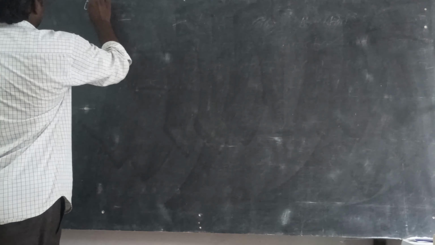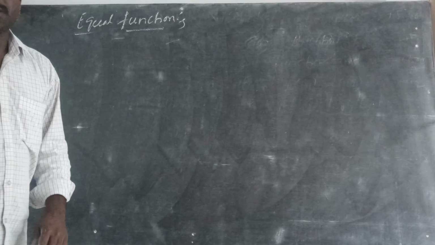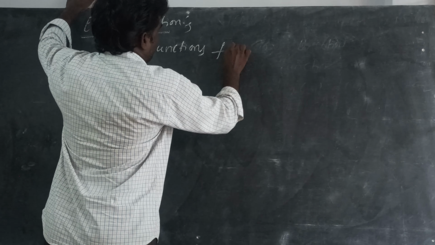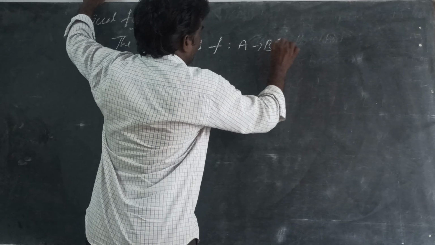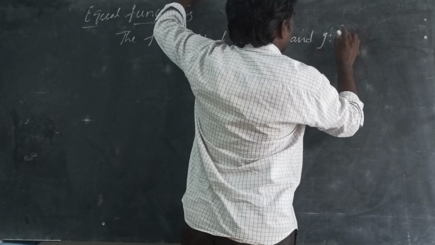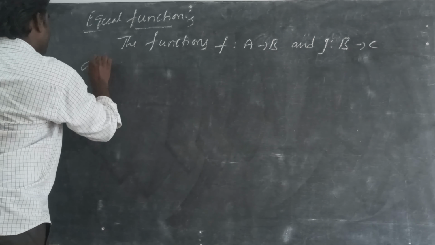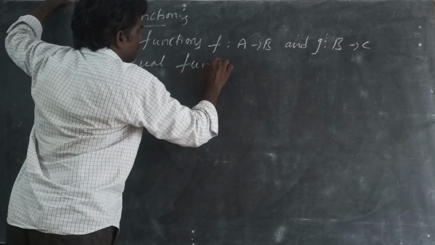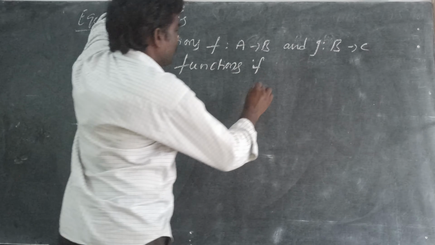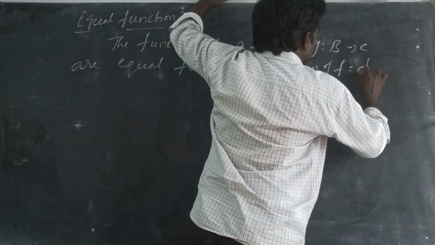Next one, equal functions. The functions f from A to B and g from B to C are equal functions if the domain of f is equal to the domain of g.